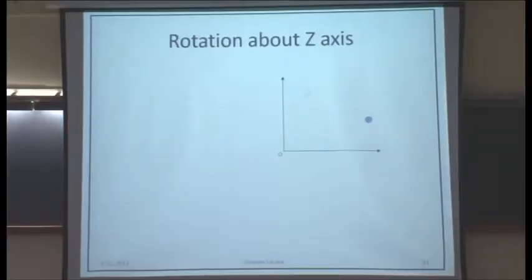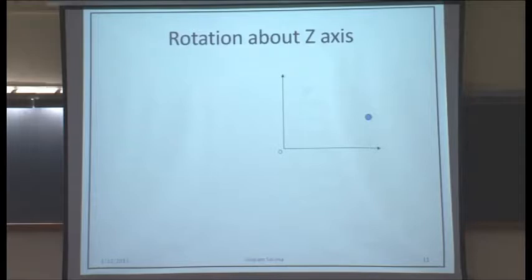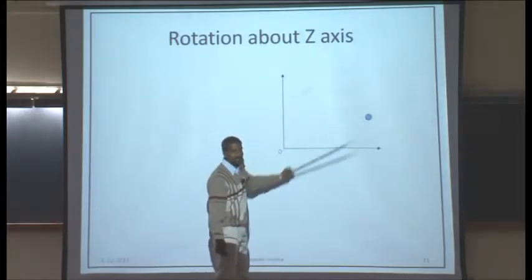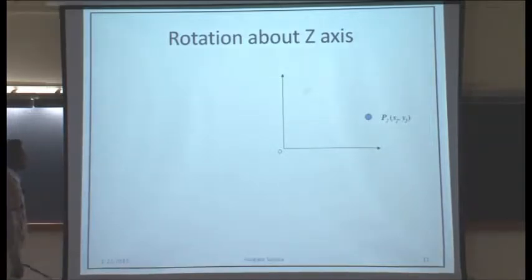So you have a plane, xy. You have a particle or a point, which is at fixed length with respect to the origin. So this length is fixed. So you can consider this to be an edge, and you're going to be rotating this edge about the axis that comes to you, by some angle.